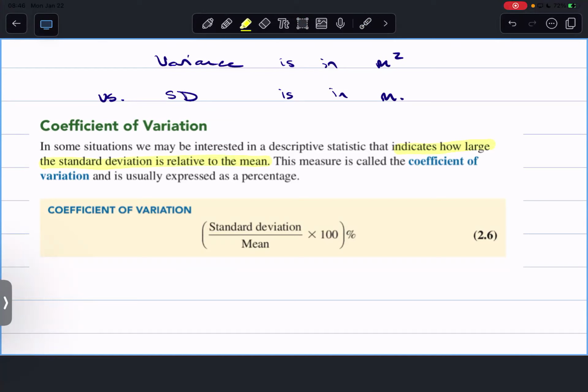This isn't something that we're concerned about, but usually you want to make sure your standard deviation isn't larger than the mean, because that means your spread is larger than your center, and so you've got this huge spread.